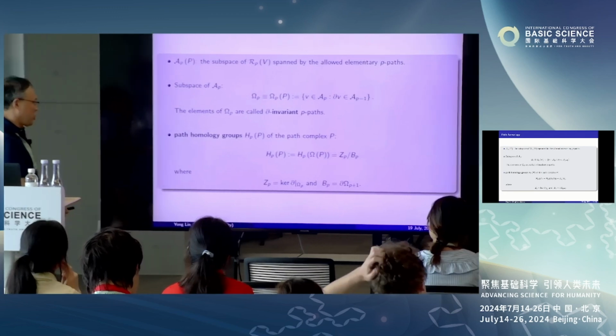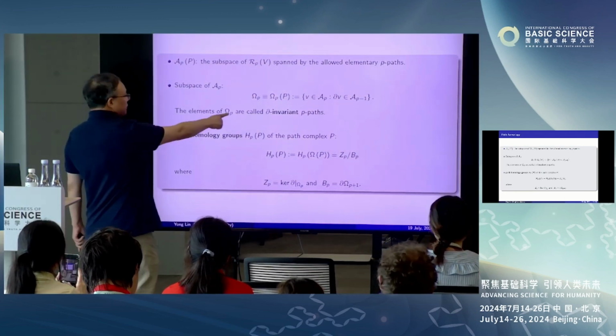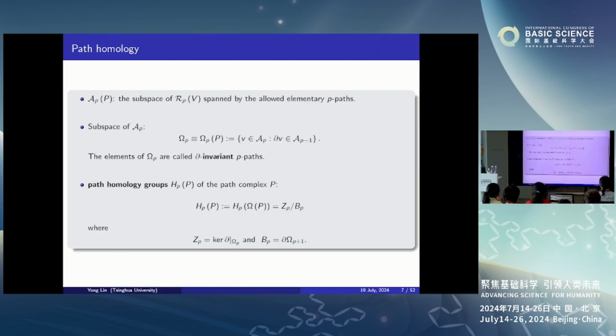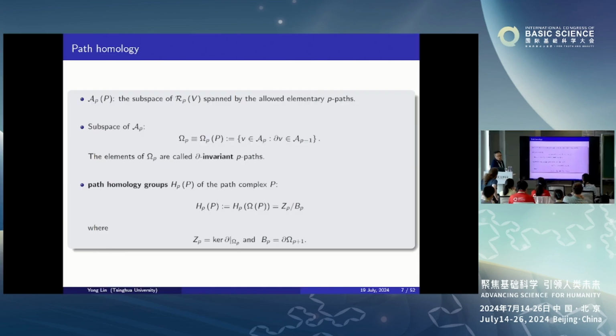So we get a chain complex for this omega P, and from this chain complex, of course, we can define the homology group. This is the standard definition for the path homology group. Here JP is the kernel of D, and BP is the image of D.